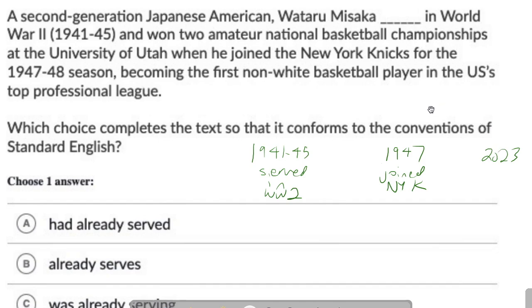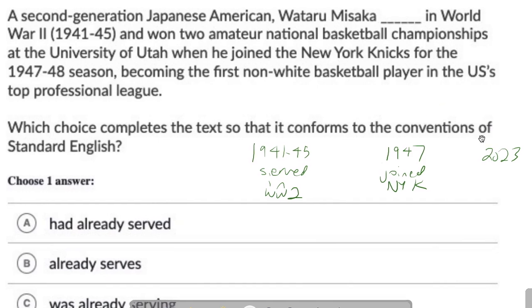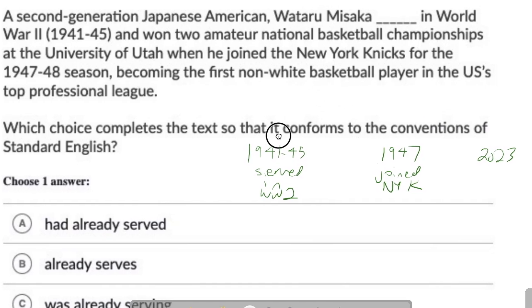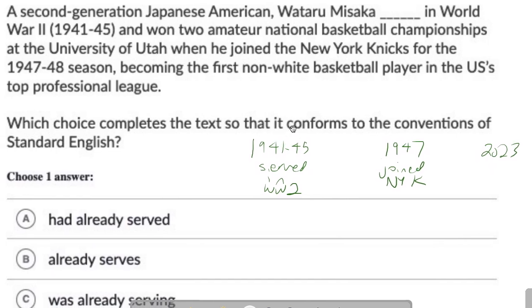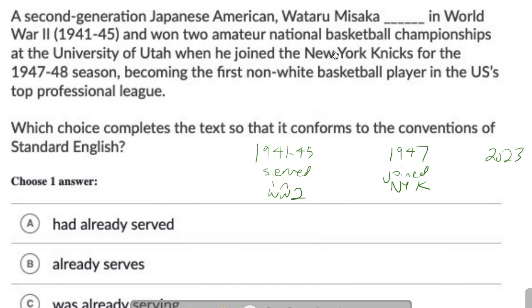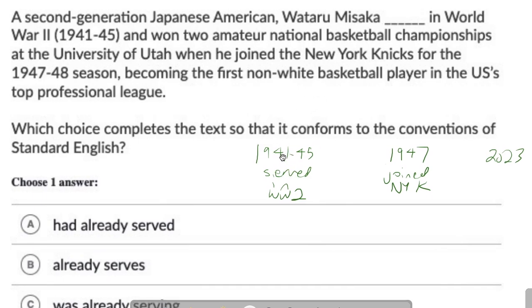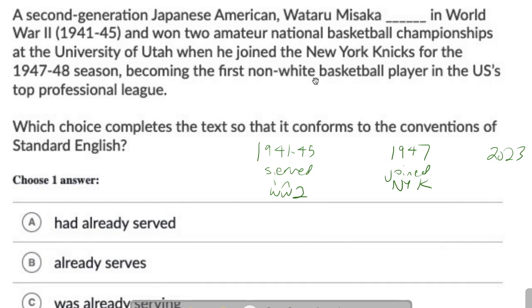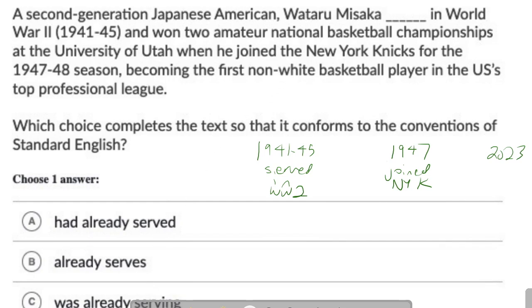So this is in the past, 1947, but this is even further in the past. So this would be a scenario in which we would use the past perfect. So he had already served in World War II when he joined the Knicks. So this is in the past. This is not grammatical.